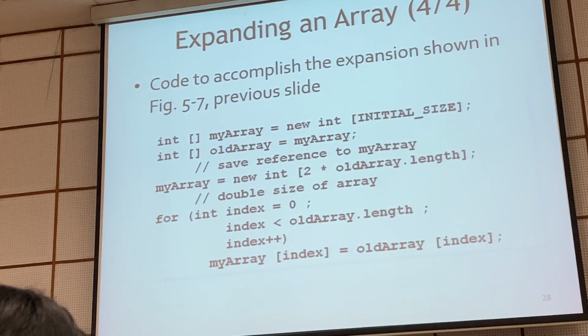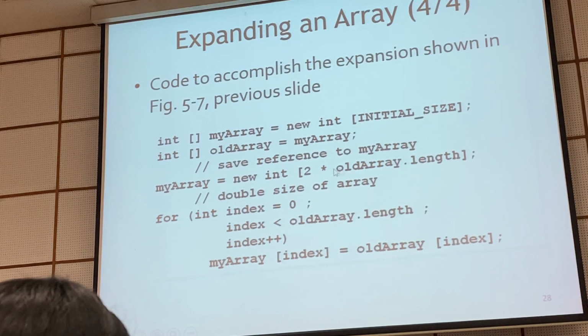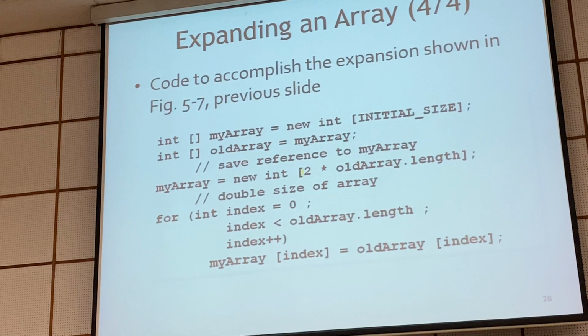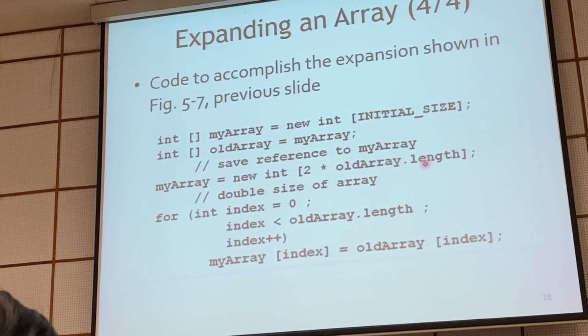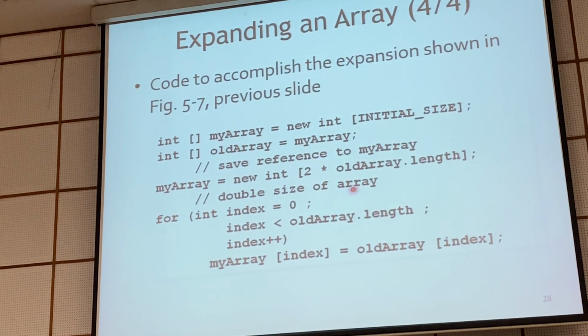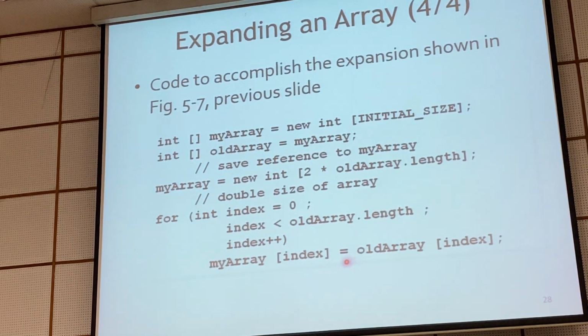Alright, so to double the array, you just take 2 times the length. So that means you double your array size. The length here is to double the size of the array. And here you have the loop to copy back the data.